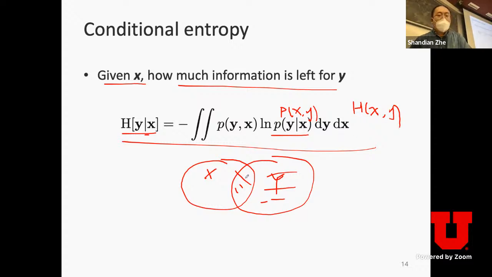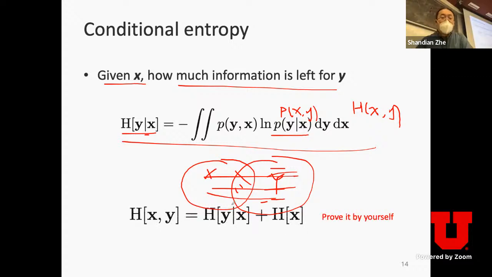From the figure, it is the area covering the union of x and y. And it's very straightforward to show that the joint entropy is the marginal entropy plus a conditional entropy. I will leave it as an exercise for you.